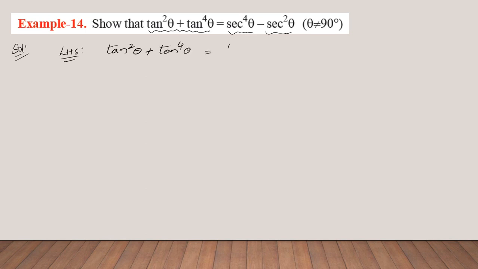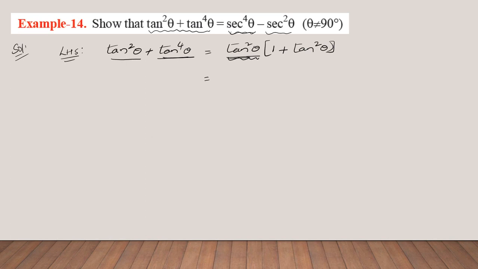Now I can simply take tan square theta as common from both the terms, right? If I take tan square theta as common, then I will have 1 here, plus here tan power 4 theta means tan square theta into tan square theta, no? I already have taken tan square theta as common, so I will be left with tan square theta. Now you already know tan square theta in terms of secant theta.